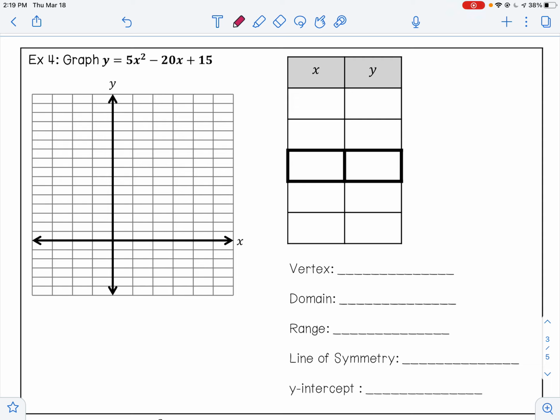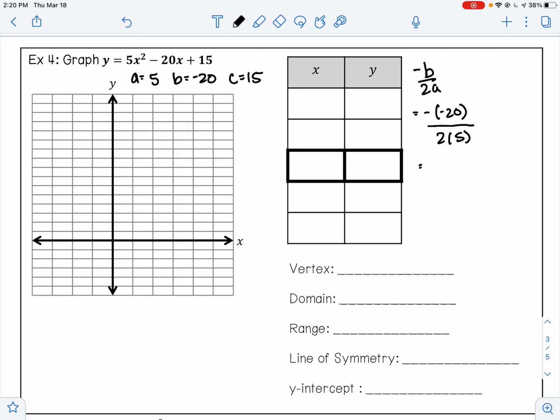So on example 4, first thing I'm going to do is identify A, B, and C. Here A is 5, B is negative 20, and C is 15. And so now I can plug in to negative B over 2A. So I'll have negative and then negative 20 over 2 times 5.